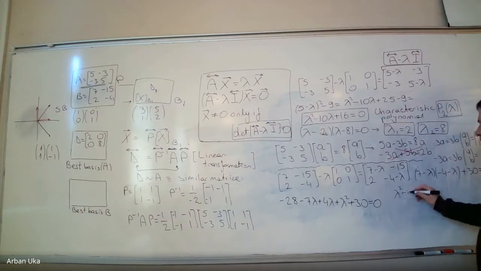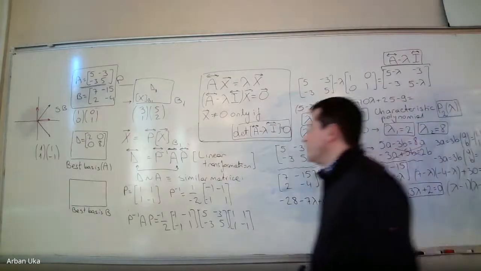So here we obtain lambda squared minus 3 lambda plus 2 equals 0. We can factorize it: (lambda - 1) multiplied by (lambda - 2), and we get 2 eigenvalues, which are 1 and 2.